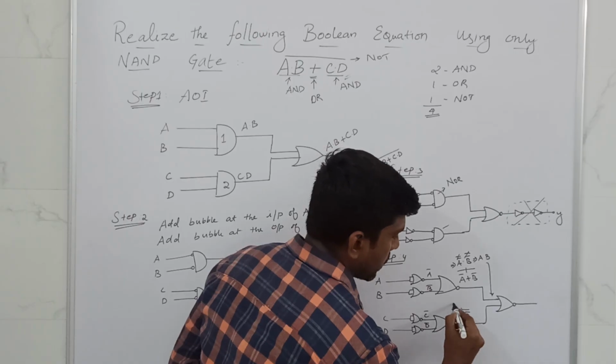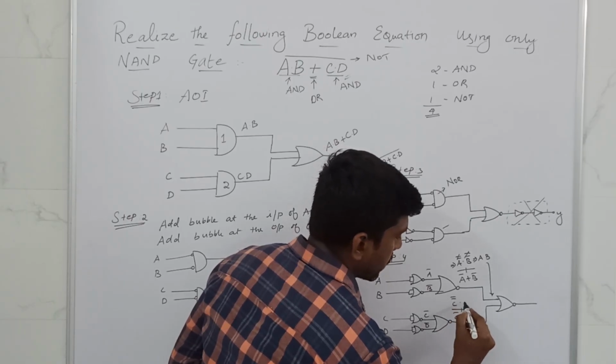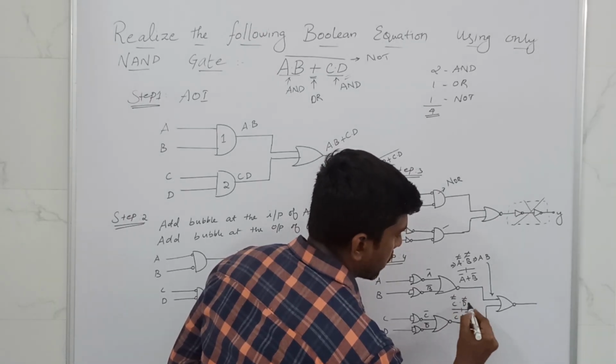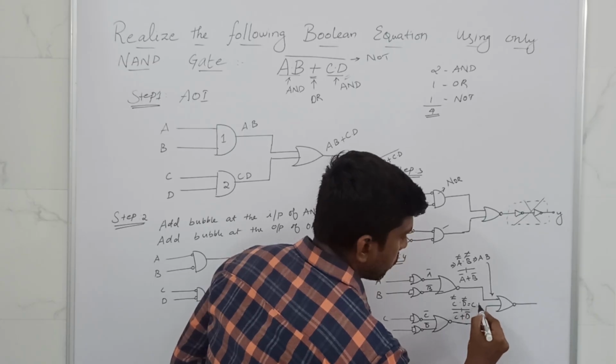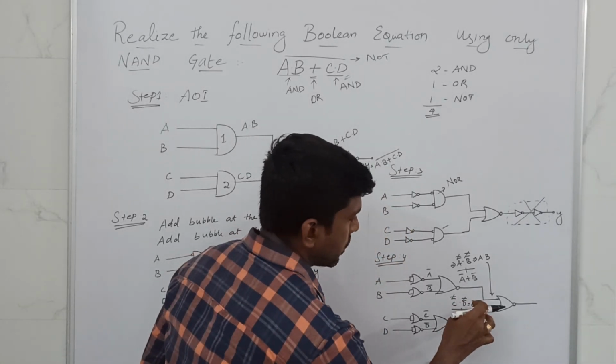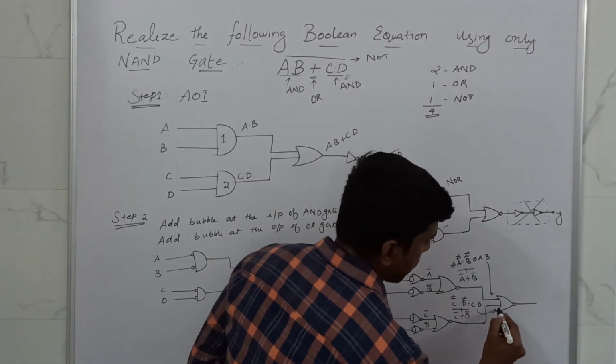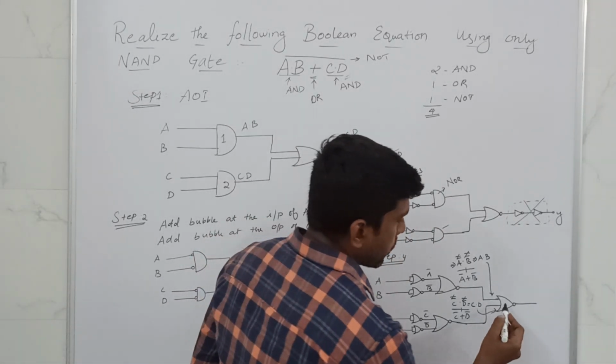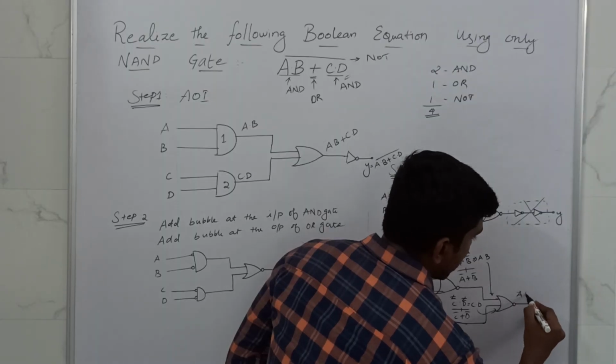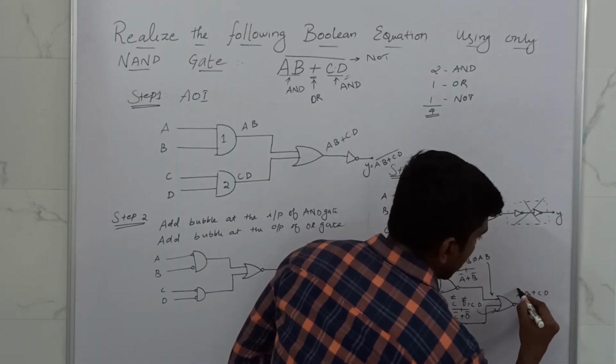Break the bar, change the sign: C double bar dot D double bar. The bars cancel, so we get the final answer C dot D. This value is applied at the input here, so the output of this NOR gate is A dot B plus C dot D, the whole bar.